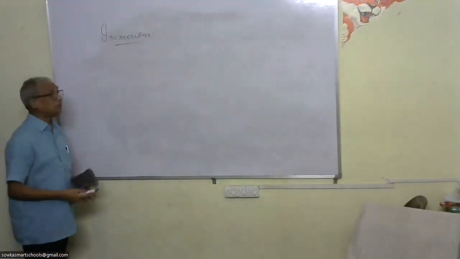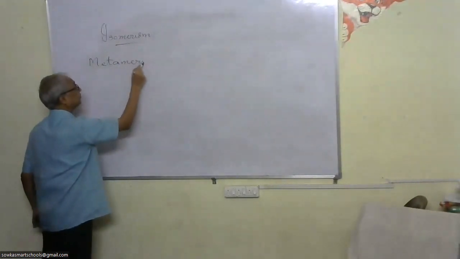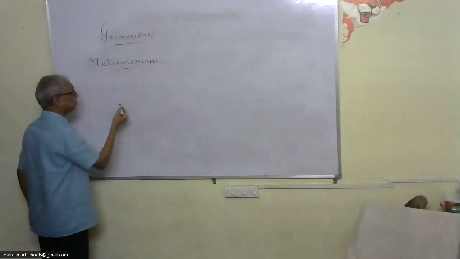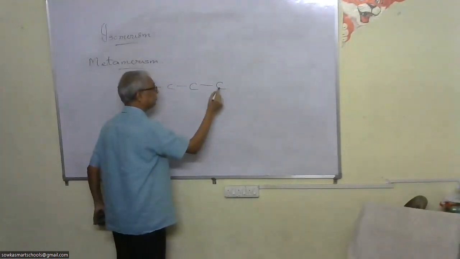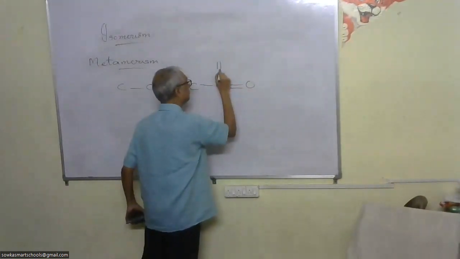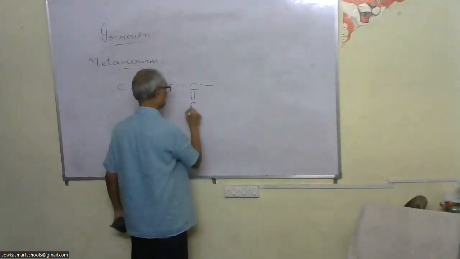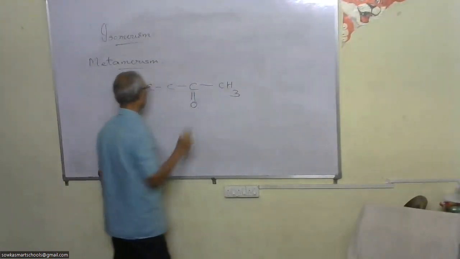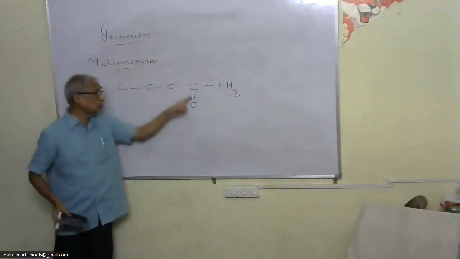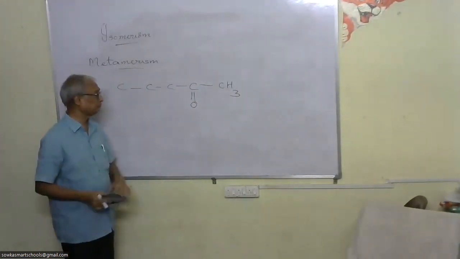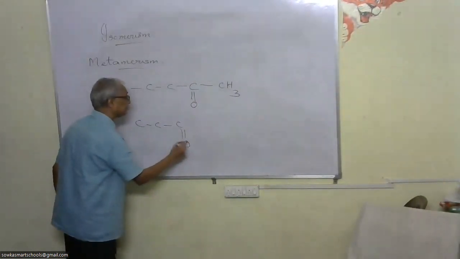Next comes metamerism. Say 1, 2, 3, 4, 5, like this. In this structure, there are 5 carbons, and C double bond O group is at this position. And its metamer is like this.